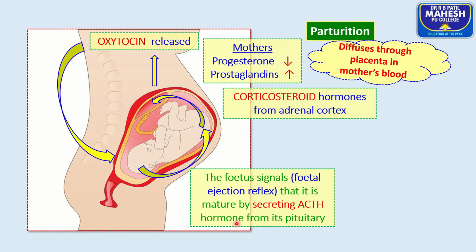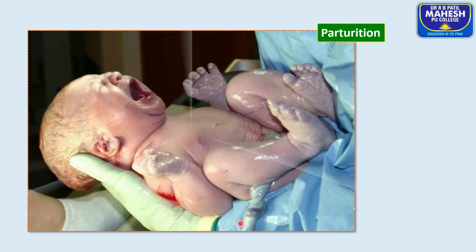Once the oxytocin hormone is released from the posterior lobe of the pituitary, it induces vigorous contraction of uterine muscles. That's why the oxytocin hormone is commonly called the birth hormone.